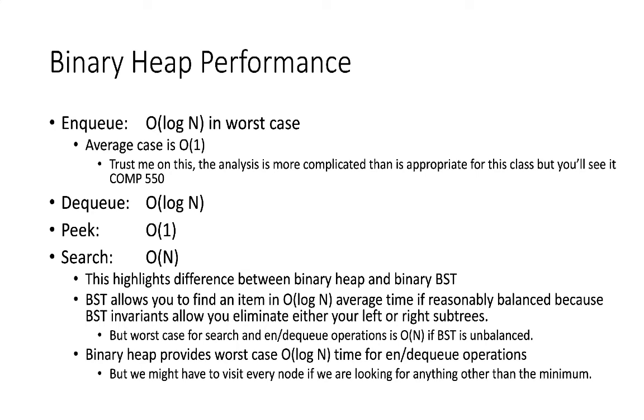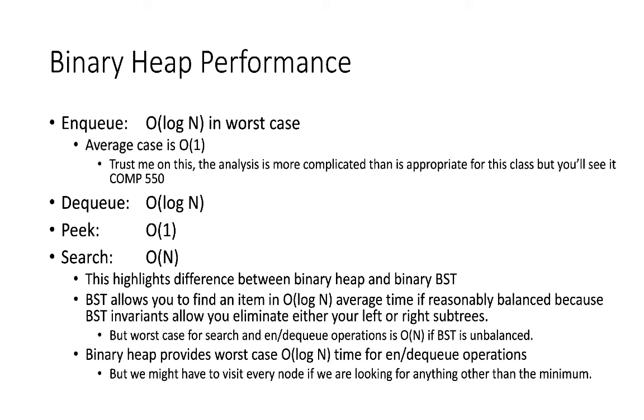Now, if I'm trying to find a specific value in my binary heap, that's an order n operation. And this is where we highlight the difference between a binary heap and a binary search tree. A binary search tree allows you to find an item in order log n average time if it is reasonably balanced, because at every point you're able to, again, this assumes your binary search tree is balanced, but if you do have a balanced binary search tree, then you can find a specific value pretty efficiently because you're constantly eliminating half of the values, right?